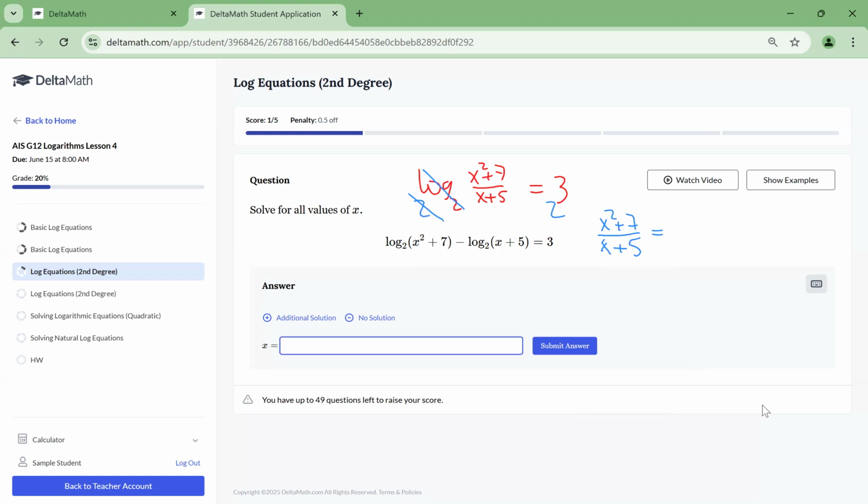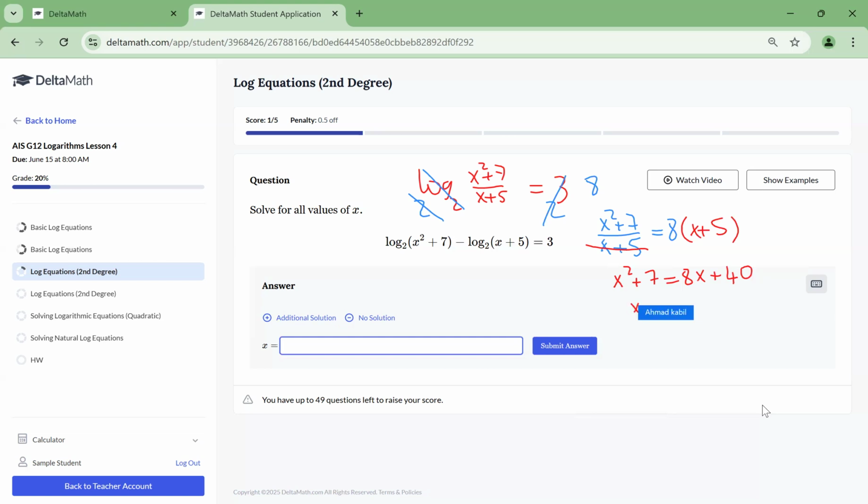So this expression here is the same as 8. 2 power 3 is 8. So we have 8 here. We can cancel this out, and we can just put it here on the side as a bracket. We have x squared plus 7 equals 8 times x plus 5. So x squared plus 7 equals 8x plus 40. We take everything to the left-hand side.